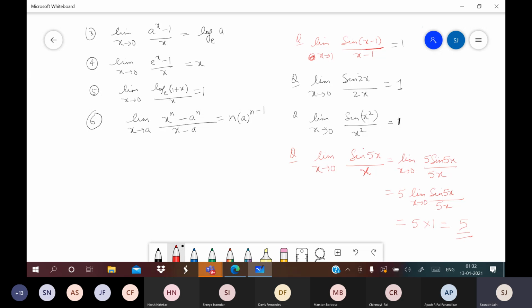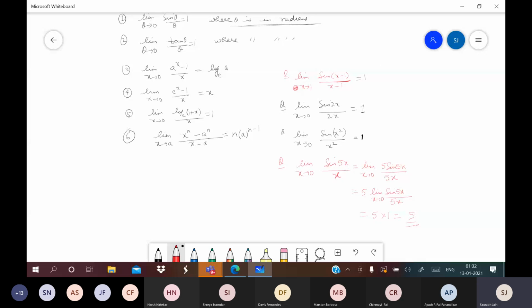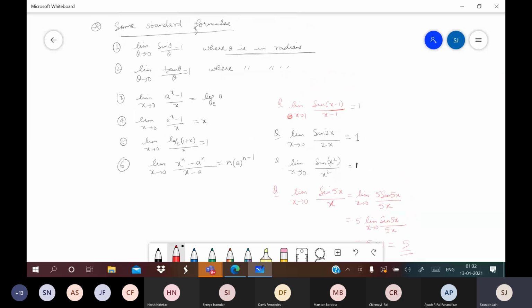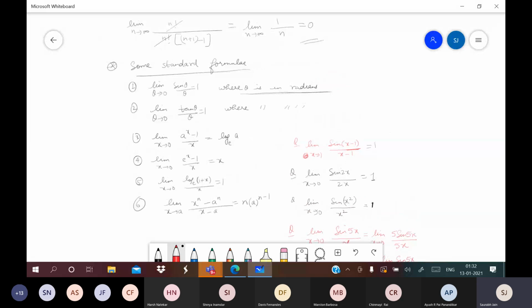So after taking these 4-5 questions, I hope it is clear what the generalization is that I'm talking about. The same concept is to be used in all the other results. If I discuss the second one, here also it is the same thing: tan of the angle and the denominator should be the same.